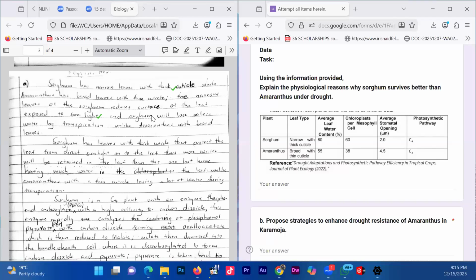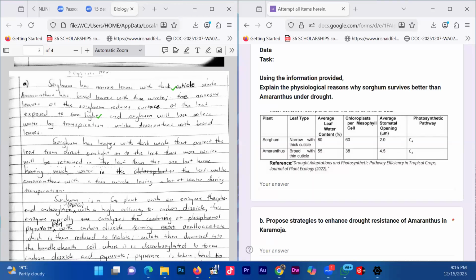What would also cause less water being lost by the sorghum is the stomata opening. The stomata openings of the sorghum are smaller than those of amaranthus. Do you see that? So you also link it to that.